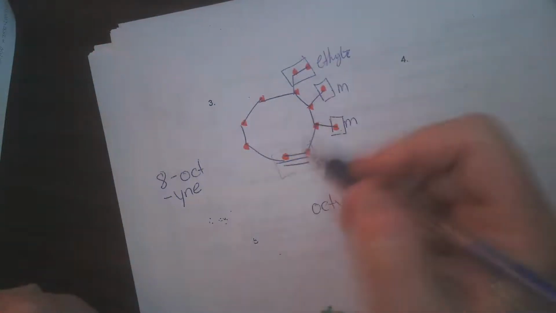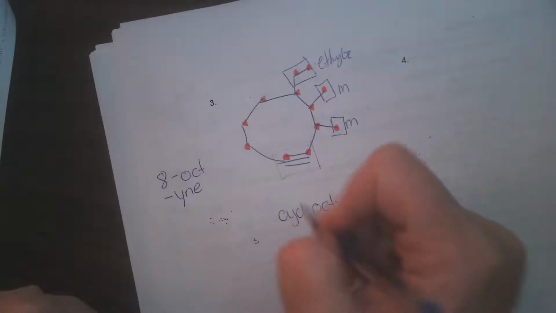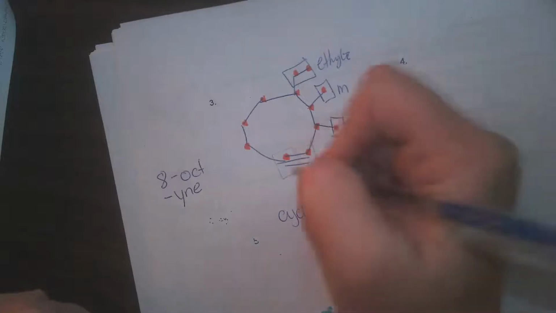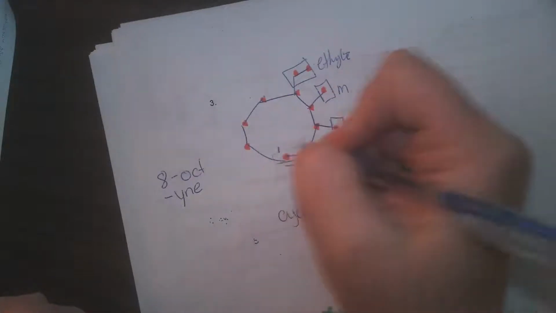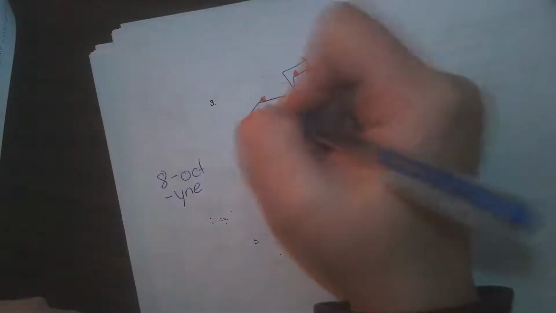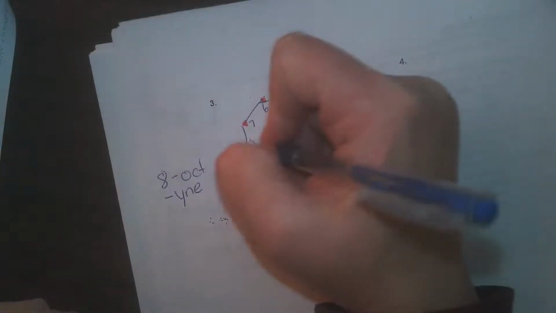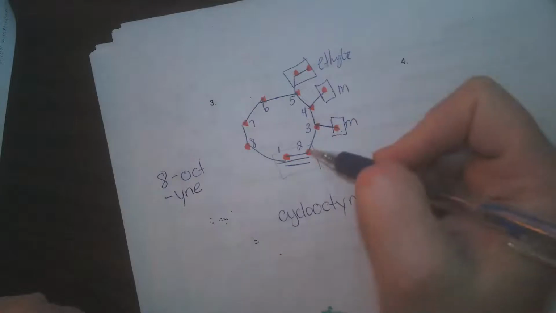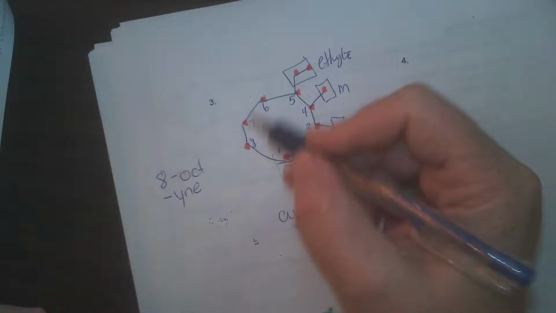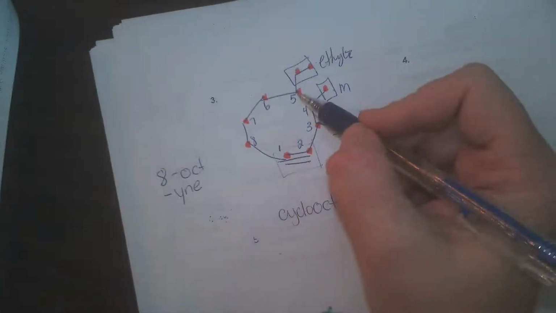It's in a circle shape, it's attached, so it's cyclo. And then we need to do our thing. So we're going to start numbering here. 1, 2, 3, 4, 5, 6, 7, 8. We don't go the other way around. We don't go 1 on the right side and then 2 on the second, because then it's so long to get to the next hydrocarbon chain.